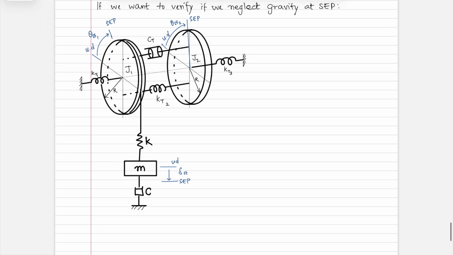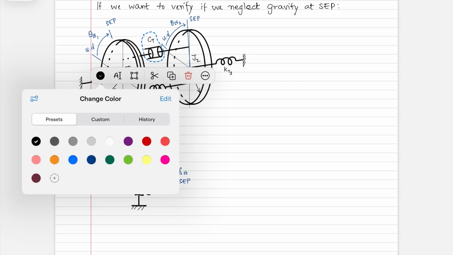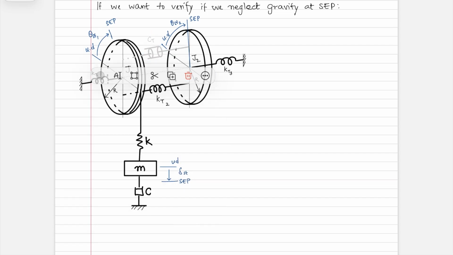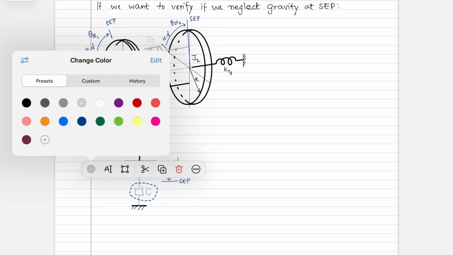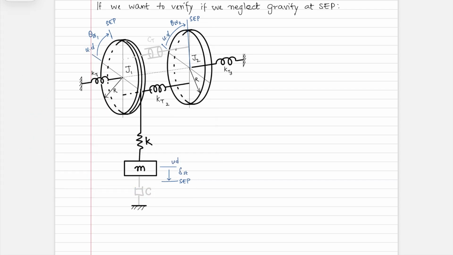Okay, what's important to note here is that at the SEP, because static, it means that these damper elements will not be doing anything since there is no velocity, whether it's theta dot or y dot, they are equal to 0 by definition for static equilibrium, right? That's the meaning of static, is that there is no velocity.